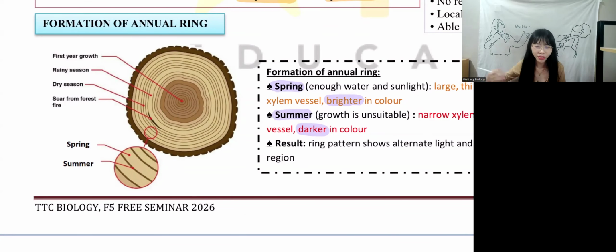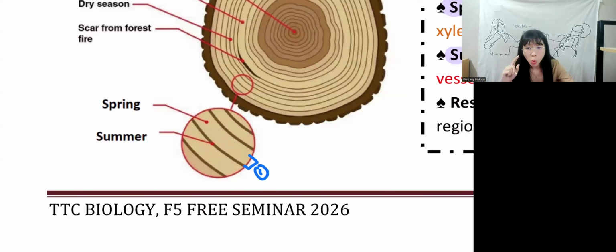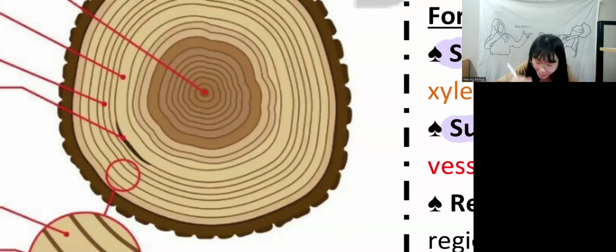To count annual rings, one darker color and one lighter color is one ring. So you can count the age of this plant over here. How do you count? Lighter color, darker color as 1 year old, right?